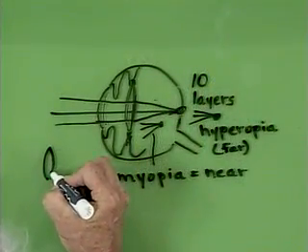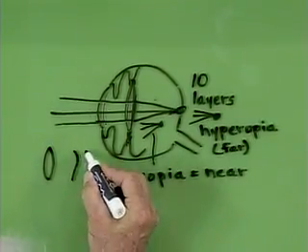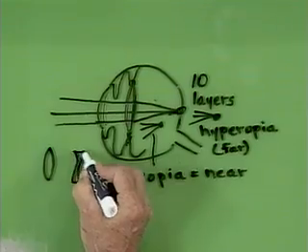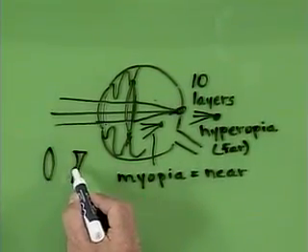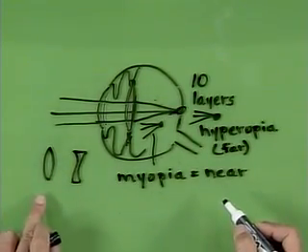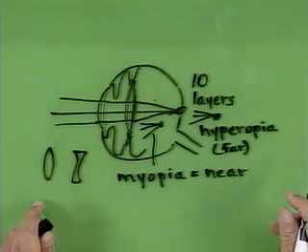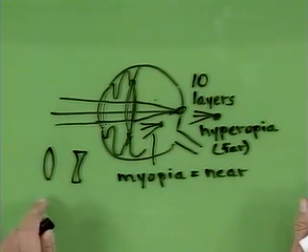They're easy to correct because all we have to do is add corrective lenses in the form of either a biconvex lens shape or a biconcave lens shape. Biconvex, I mean thicker in the center than on the edges, or biconcave, I mean thinner in the center than on the edges. These would be like the glasses lenses or the prescription of contacts.